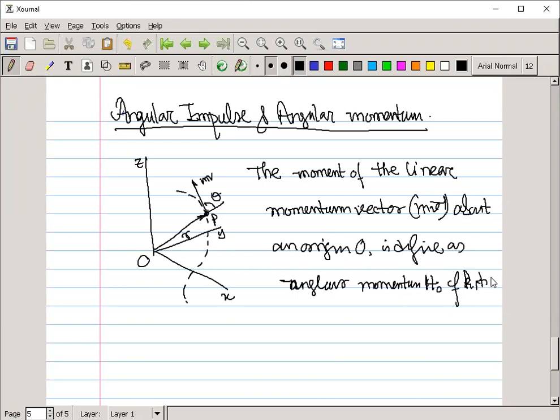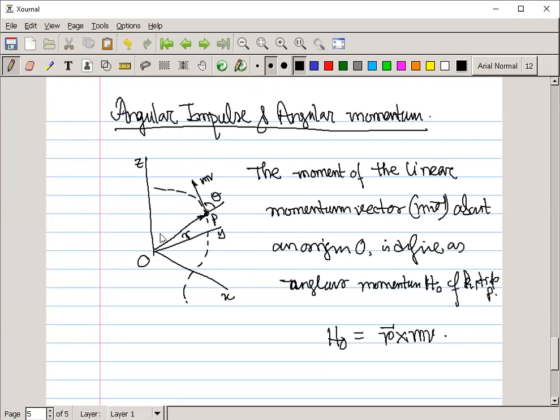The formula we can write is r cross mv, where v is the velocity along this path.